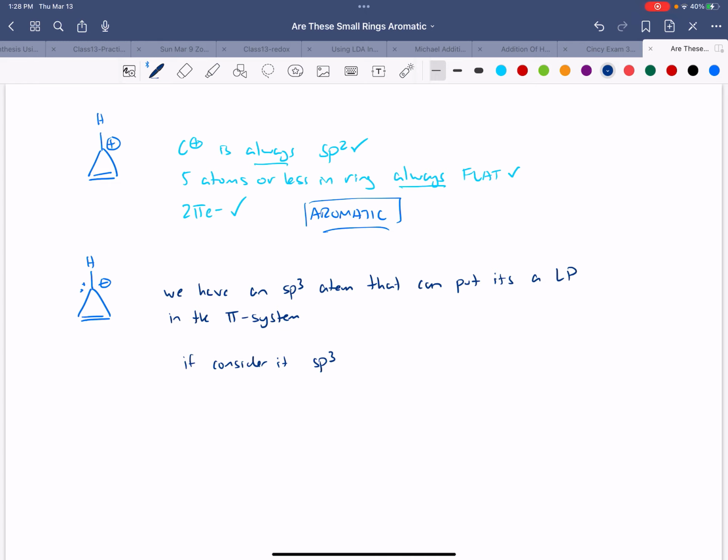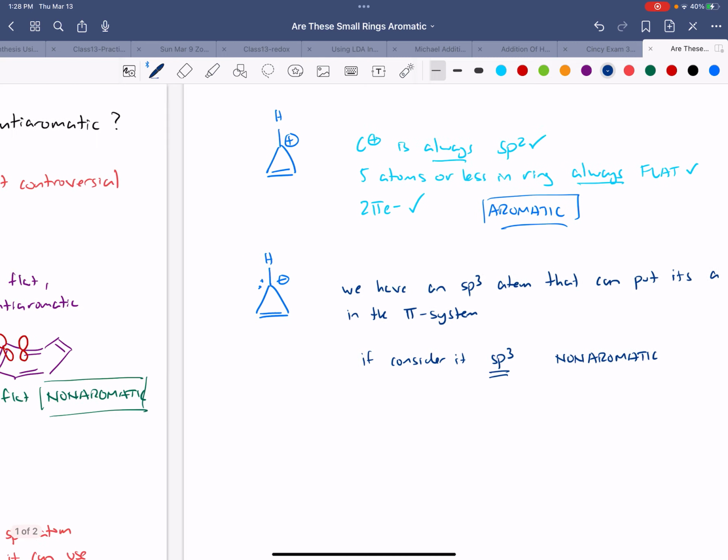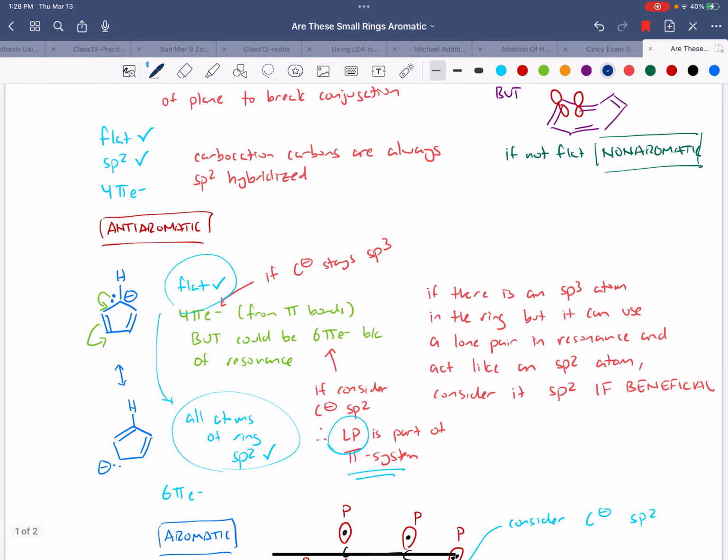Well, we have an sp3 atom, and that breaks one of the rules for aromaticity. So if we consider it sp3, then the molecule is non-aromatic. Remember, for it to be aromatic or anti-aromatic, all the atoms of the ring have to be sp2. We could have said that this atom is sp3 and say non-aromatic.